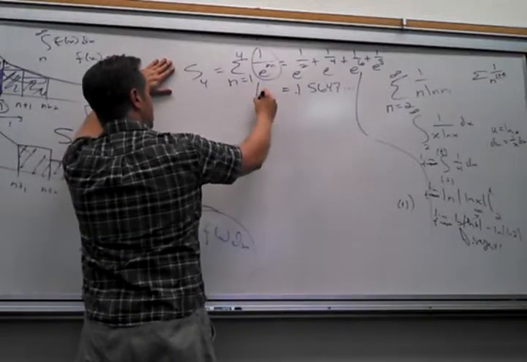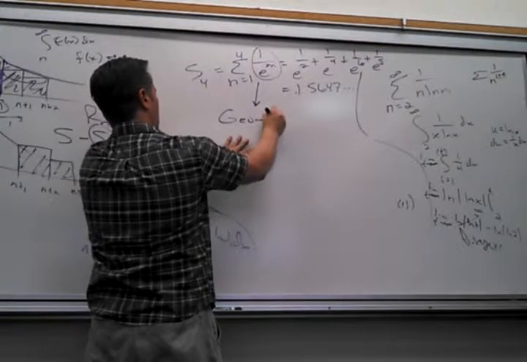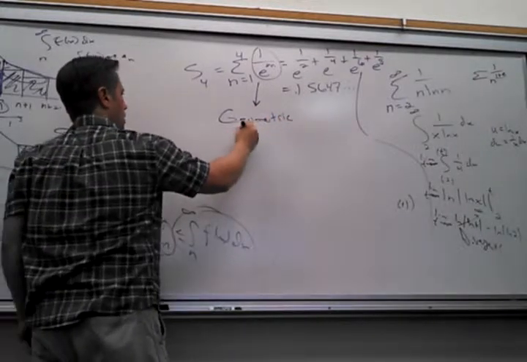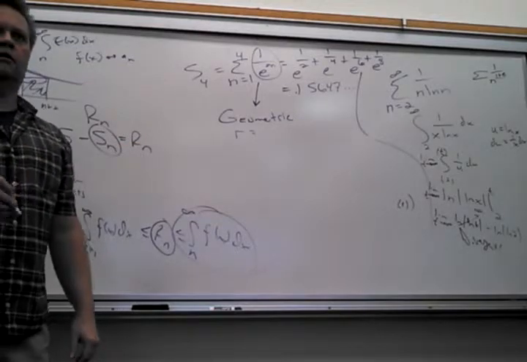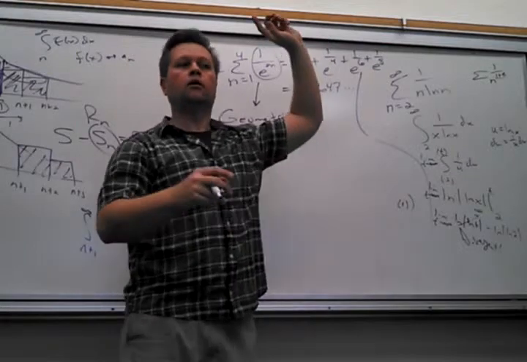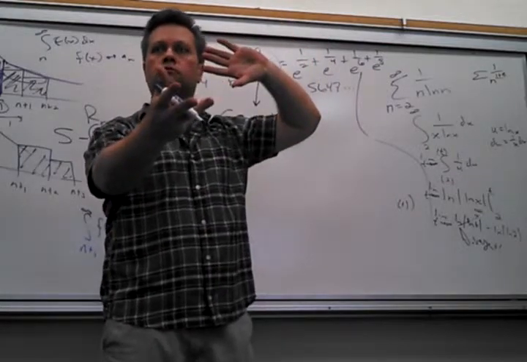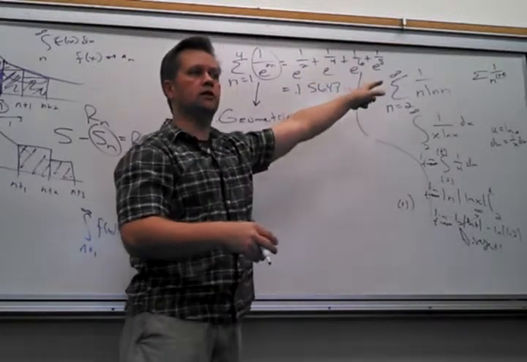Now, what kind of series is this? Geometric. What would R be? 1 over e squared. What do I keep multiplying by from here to there to there? 1 over e squared. You guys see that? I just keep multiplying by 1 over e squared to get to the next term.